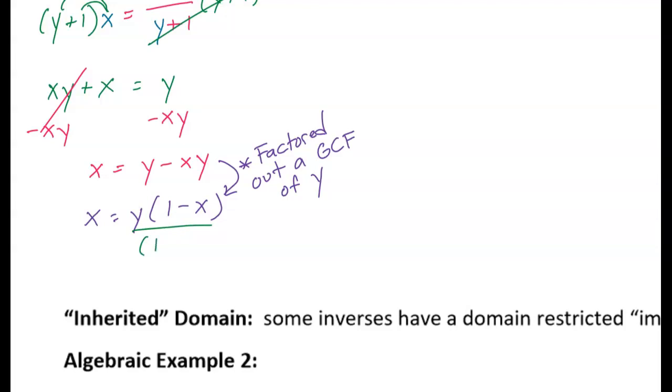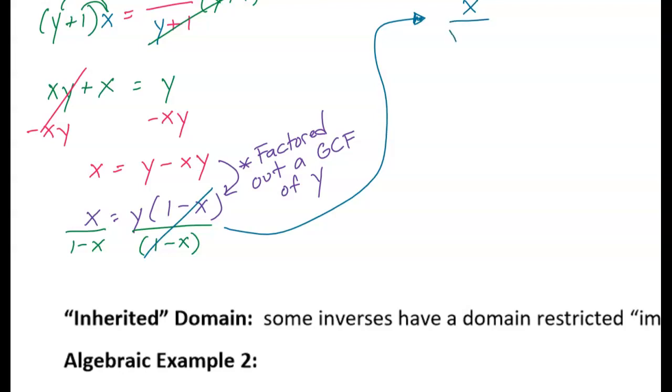Exactly. What happens on the right? It becomes just y. And on the left, I have x over 1 minus x.